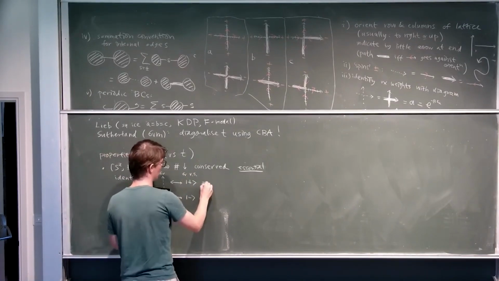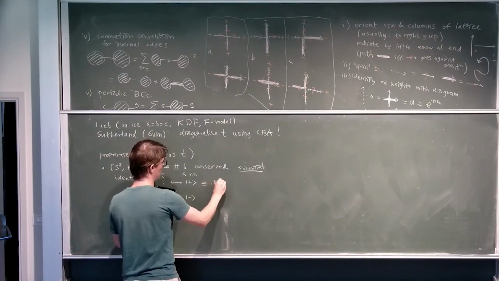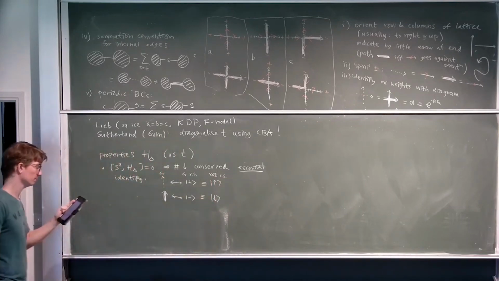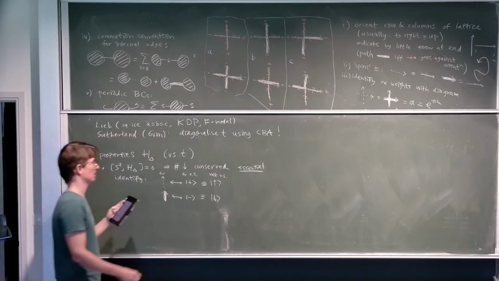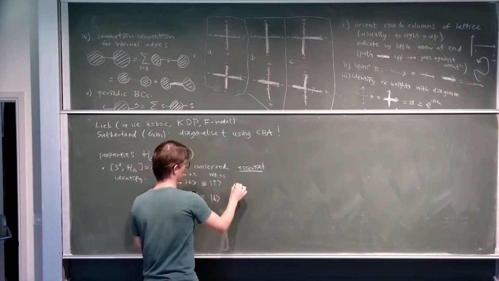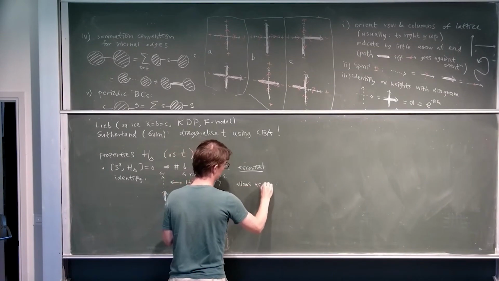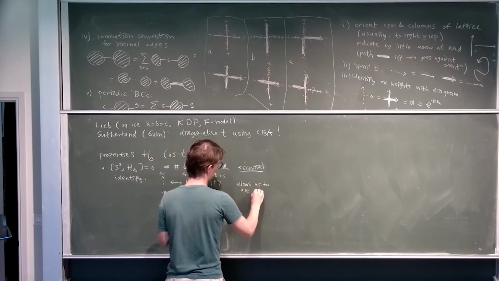We're going to say that this is equal to spin up for the XXZ vector space, and this is spin down. This is good, and it allows us to use the coordinate basis.